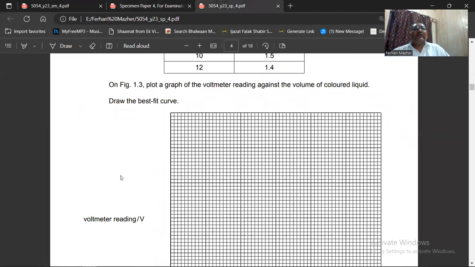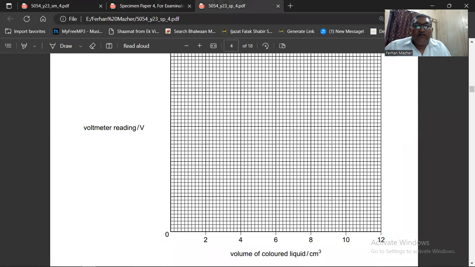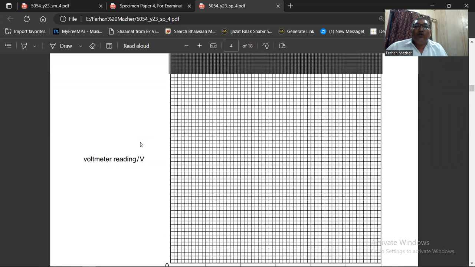Then we will go to figure 1.3: plot a graph of the voltmeter reading against the volume of the colored liquid. Draw the best fit curve. This is the volume of the colored liquid in centimeter cube, and the voltmeter reading in volts.